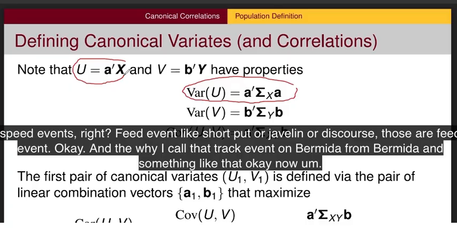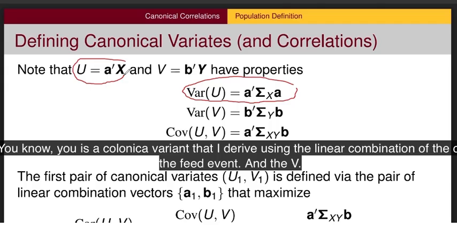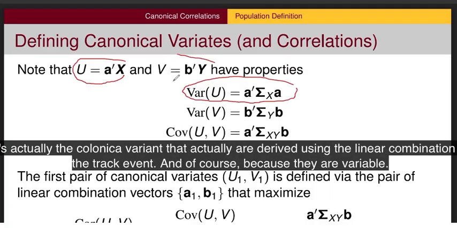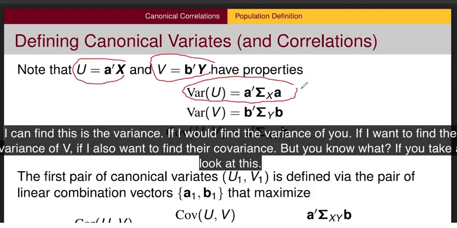Now, U is a canonical variate that I derive using the linear combination of the field events, and V is the canonical variate derived using the linear combination of the track events. And of course, because they are variables, I can find the variance of U, the variance of V, and also their covariance.